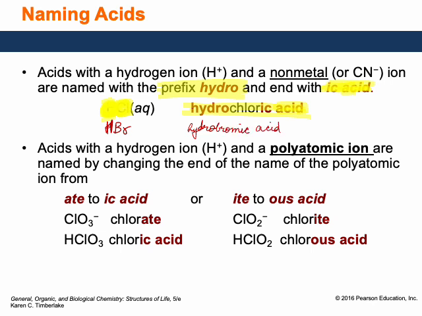Similarly, you could have other acids like hydrofluoric acid, hydroiodic acid. For instance, if we say HCN, this is hydrogen and this is cyanide ion, so in this case, this would be called hydrocyanic acid.